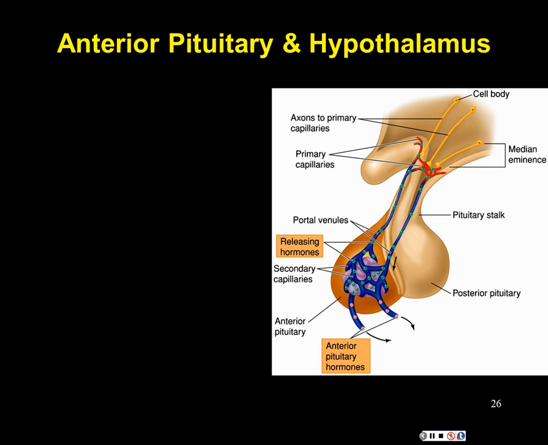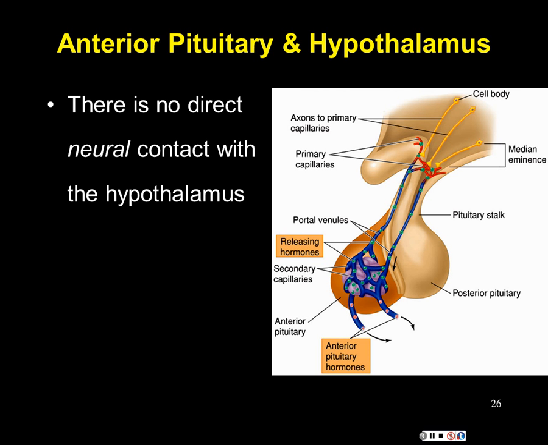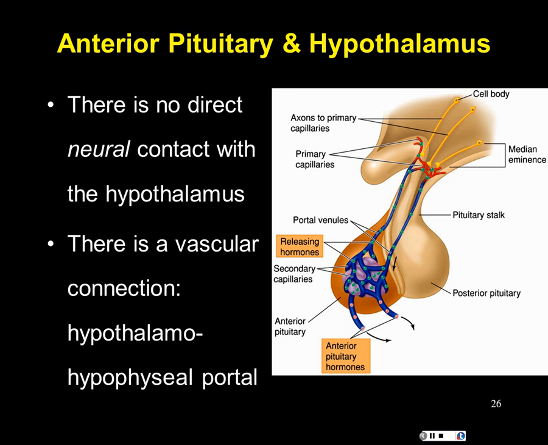As we already identified when I presented the image on the previous page, there is no physical synapse between the hypothalamus and the anterior pituitary. But the hypothalamus still controls the anterior pituitary. We know there's a vascular connection, as we wrote down earlier, called the hypothalamo-hypophyseal portal system.